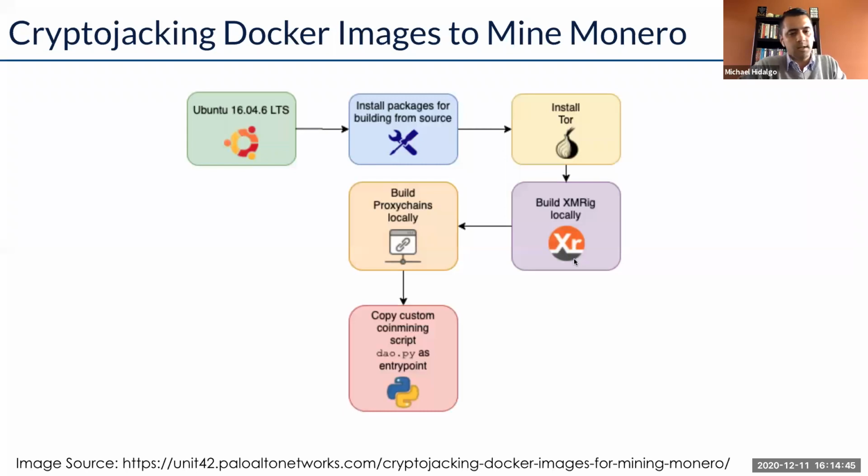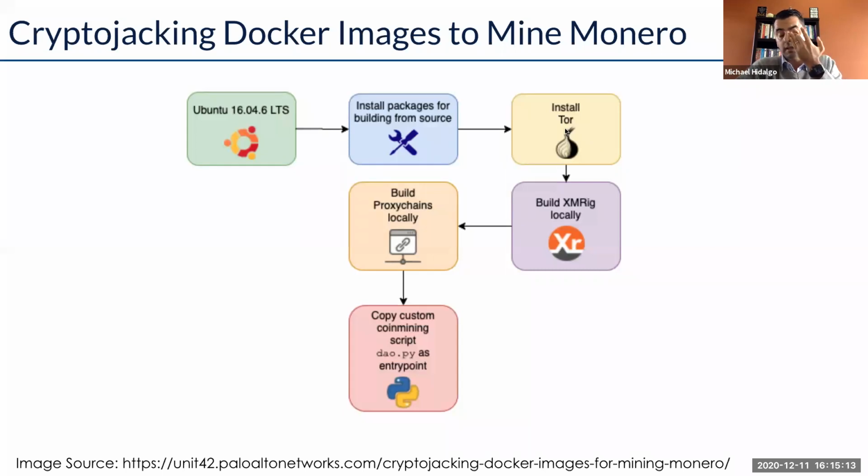Basically, from this same analysis, what you can find is the image is created based on the Ubuntu 16 version. During the build process, the attacker installs some packages and builds them from source. Also, based on the report and the aftermath of the analysis of the container, the attacker was installing Tor.